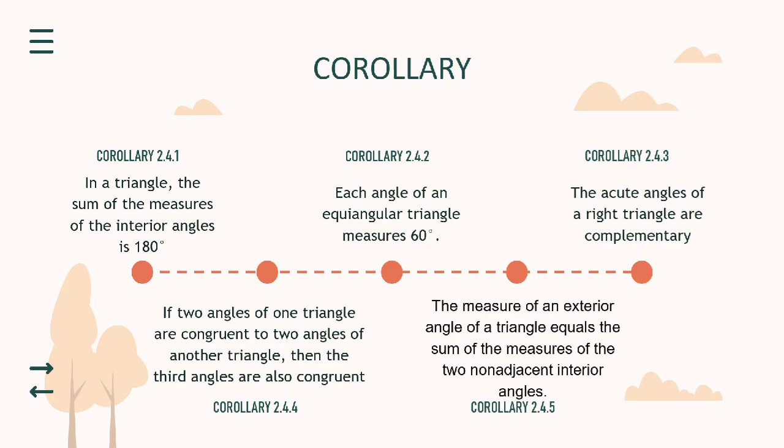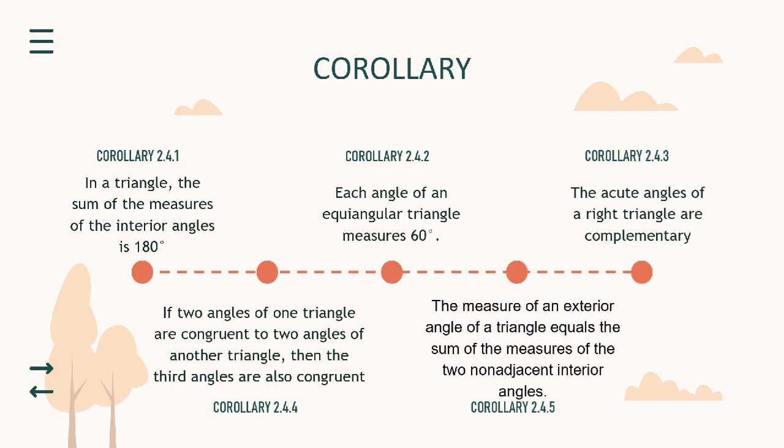Next, corollary 2.4.1. In a triangle, the sum of the measures of the interior angles is 180 degrees. Corollary 2.4.2. Each angle in an equiangular triangle measures 60 degrees. Corollary 2.4.3. The acute angles of a right triangle are complementary.